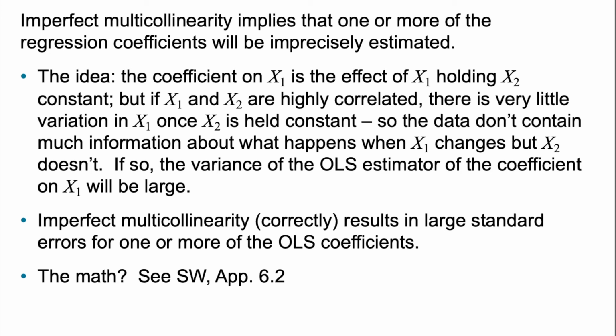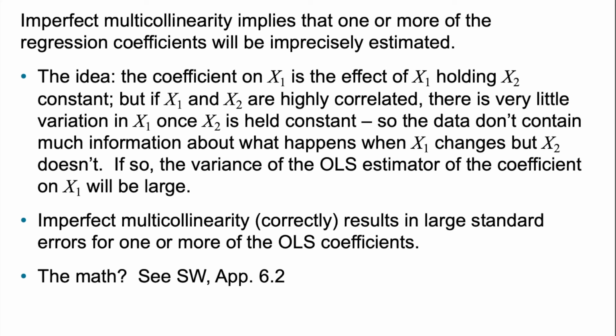But if the federal funds rate and the term spread are highly correlated, which they are, there's very little variation in the federal funds rate once the term spread is held constant. So the data does not contain much information about what happens when x1 changes, but x2 does not.